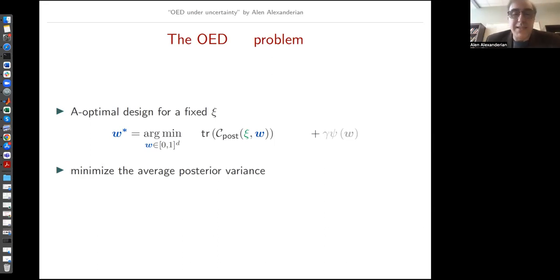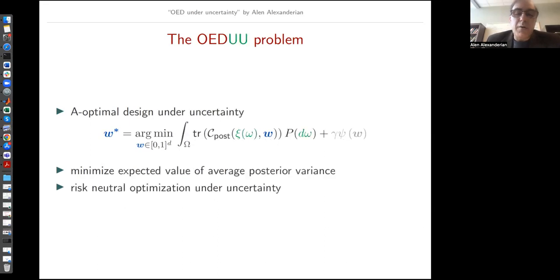I will actually show you some examples. So if you want to do optimal experimental design under uncertainty, the first step is to consider a risk neutral formulation where I look at this optimization under uncertainty problem, and the goal would be to minimize the expected value of the average posterior variance.